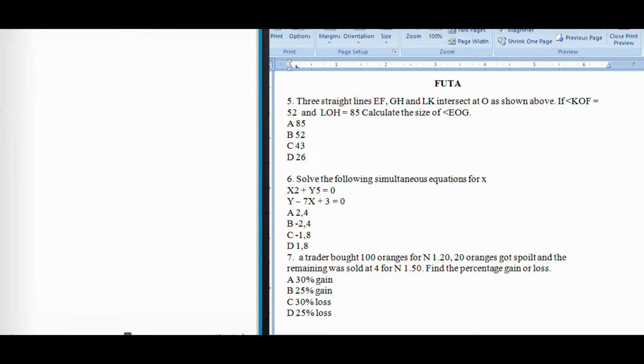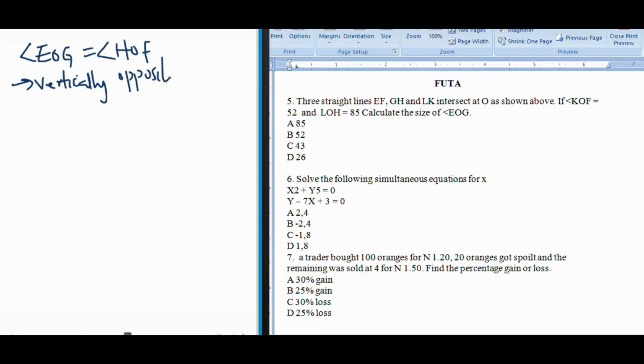Reason: vertically opposite angles are equal. Hence, angle EOG is equal to 43 degrees, and that is option C.